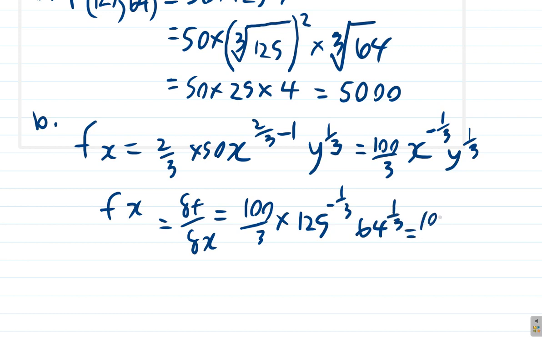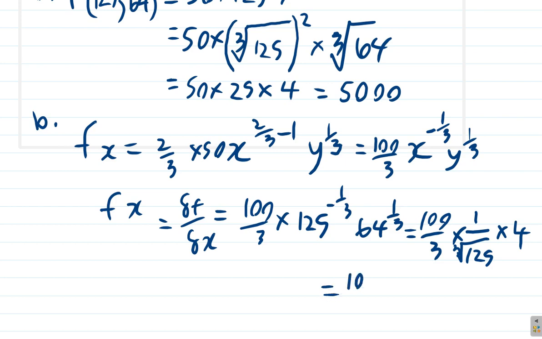So this is 100 over 3 times 125 to the power of negative 1/3, which is really 1 over the cube root of 125, times the cube root of 64, which is 4.